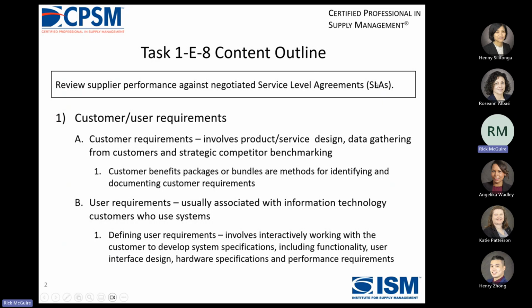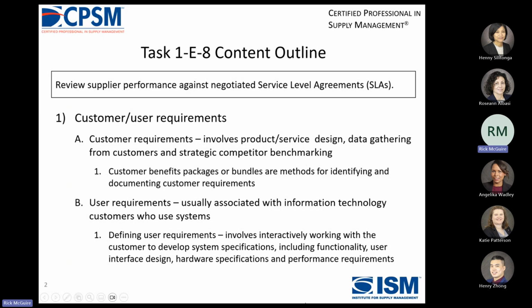The SLA is just there to say how this is going to get paid and how the supplier is going to get measured. So customer requirements involve product service design, data gathering, etc.